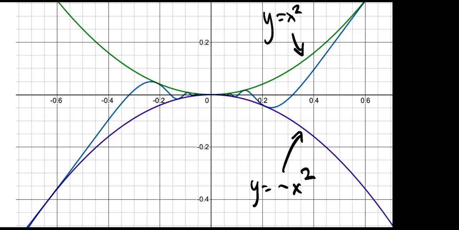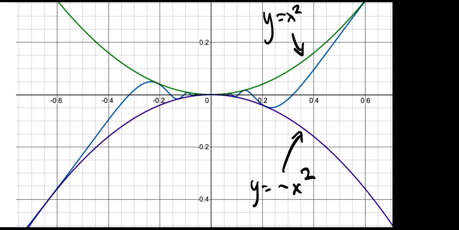But if I'm looking at the limit as x approaches 0 of the blue function, what has to happen looking at this graph? Well, the blue function is squeezed or sandwiched between the 2 bigger functions, right?